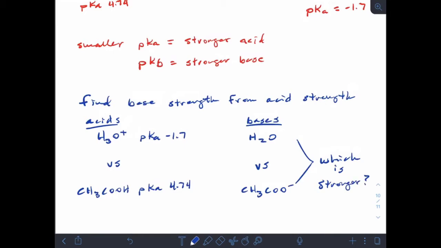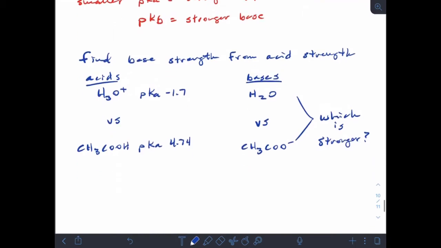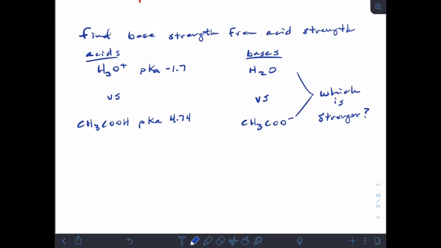We have a number of different relationships that we can use to our advantage. One of those relationships is pKa plus pKb equals pKw. Or we could use Ka times Kb equals Kw.